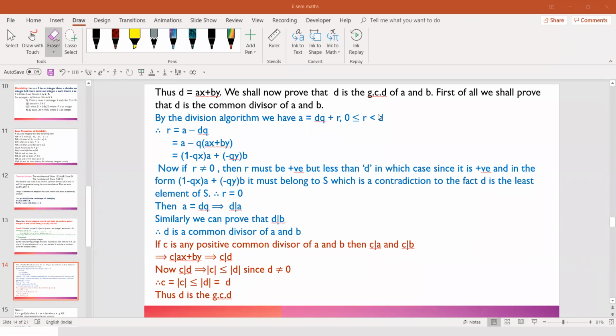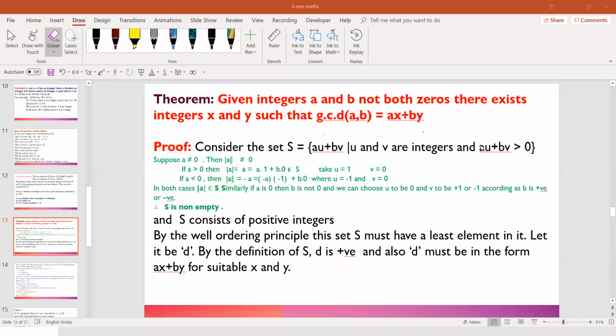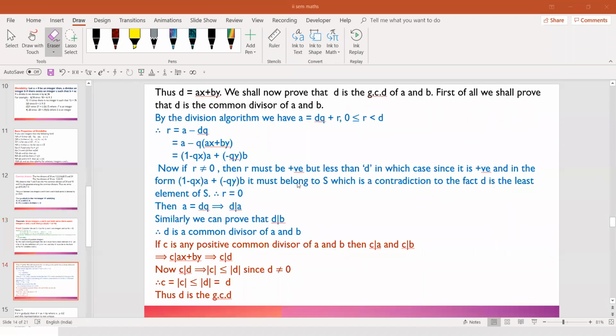If this expression is positive, it is already in the form AU plus BV. If R is positive and in the form AU plus BV, it should be an element of S according to the definition of S. So R must belong to S.